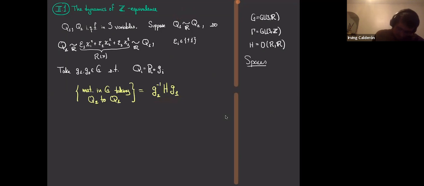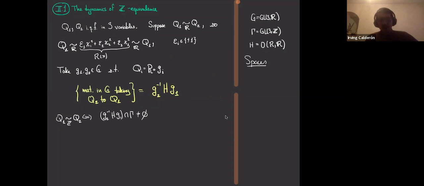So we see that Q1 is C equivalent to Q2 if and only if G2 inverse H G1 lies in gamma. And a nice way to detect this condition is by using the space X, G mod gamma.